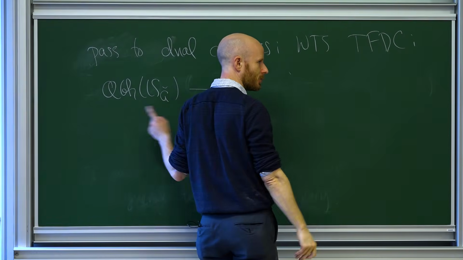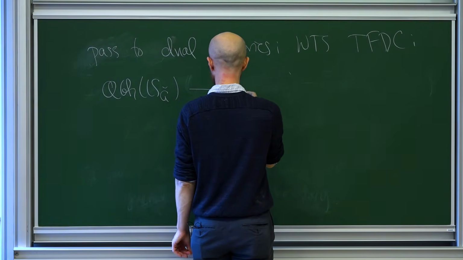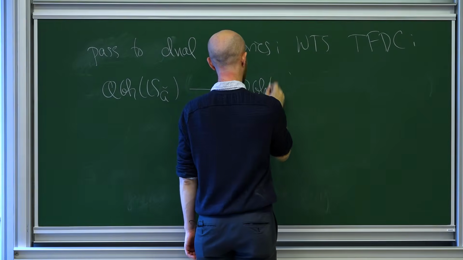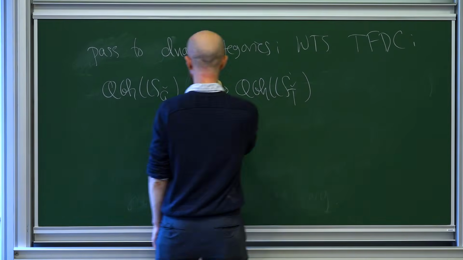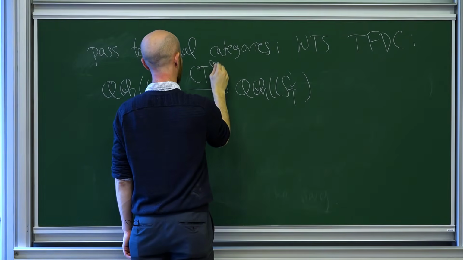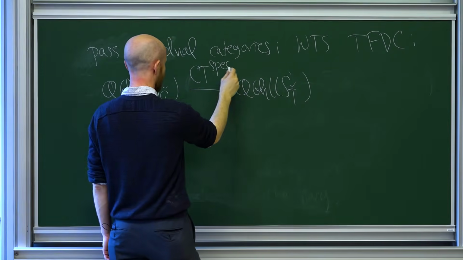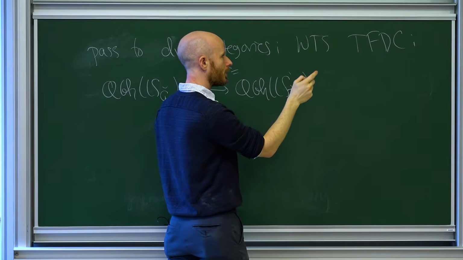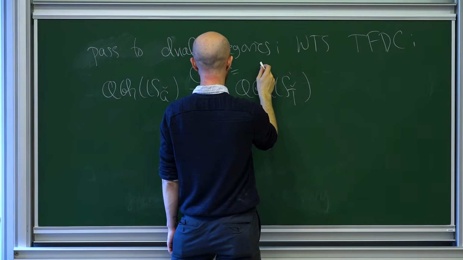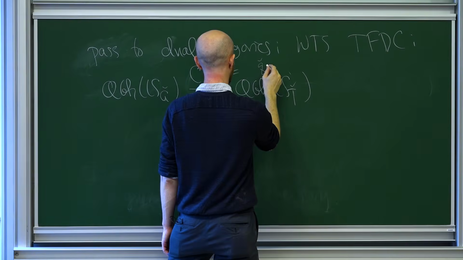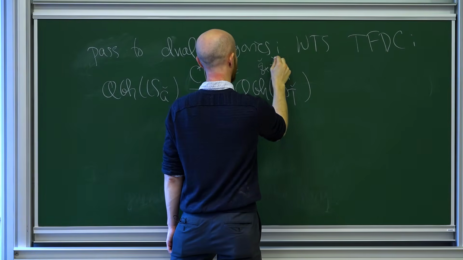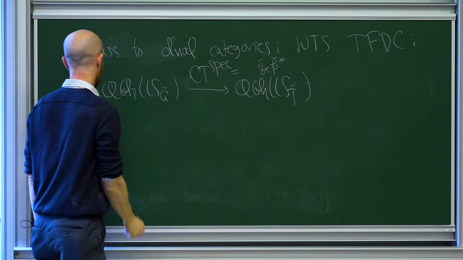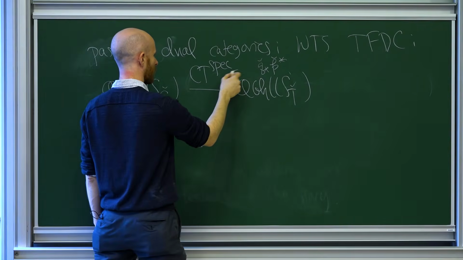So I sort of just want to move the quasi-coh G check up to the left here. So this is going to be this constant term spectral, which is given by the right adjoint formula here. So this is Q-check lower star, P-check upper star, or the quasi-coherent version of it.